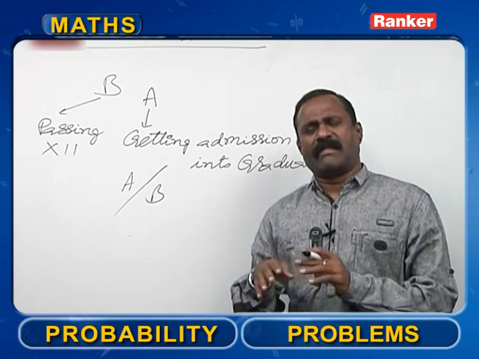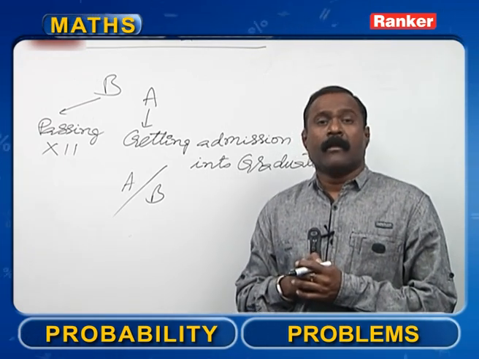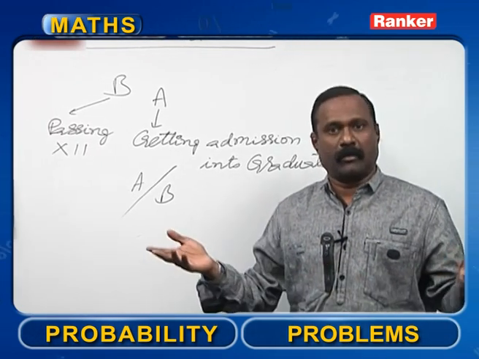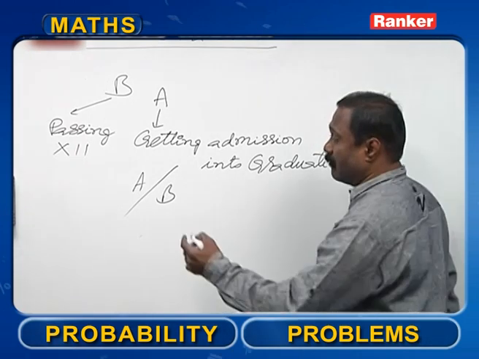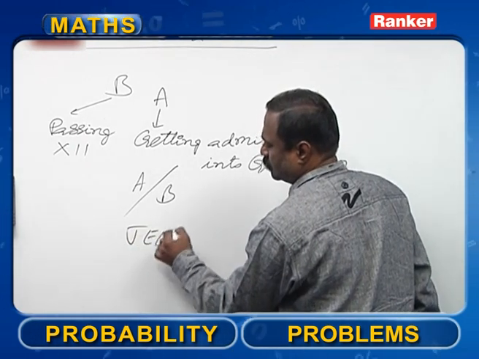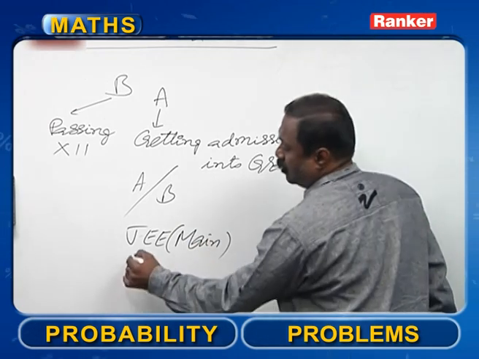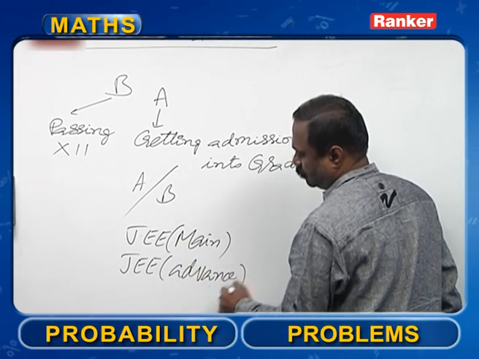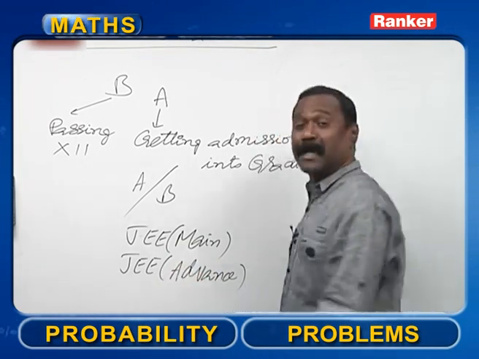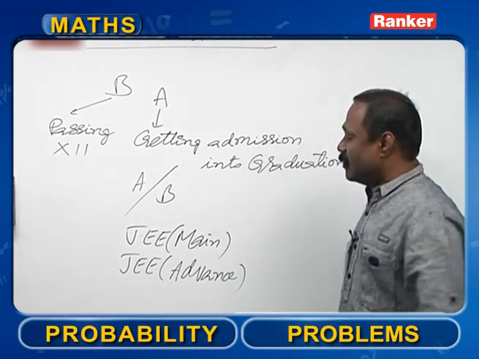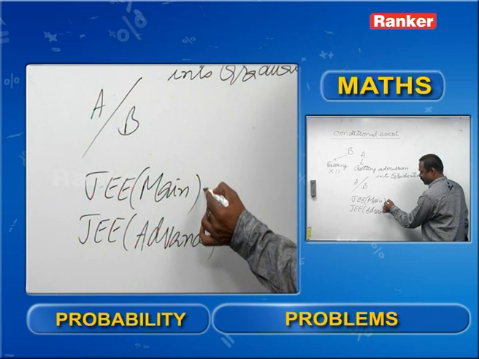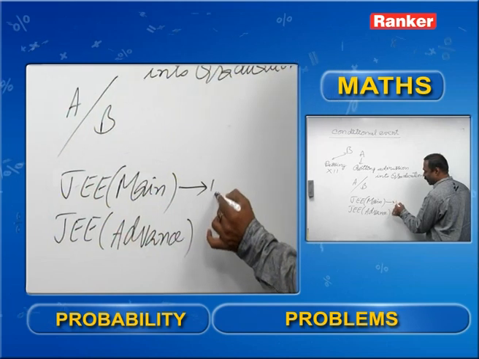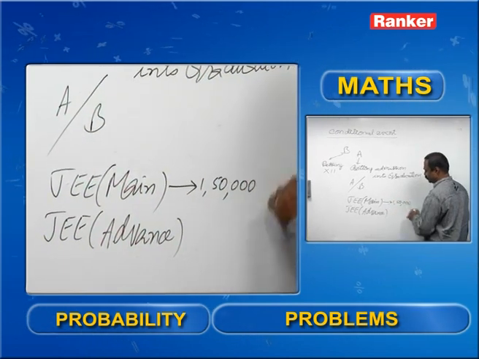Generally, even in sports or competitions, let us take a more lively example, you'll also enjoy it. You have JEE Main and JEE Advanced. In JEE Main, you must get a rank below 1,50,000.